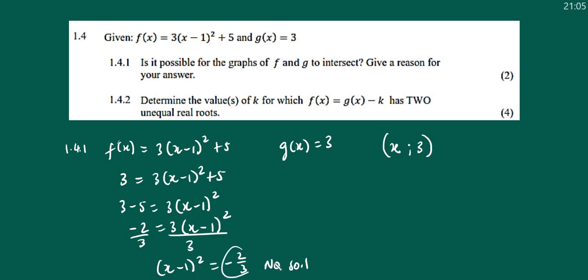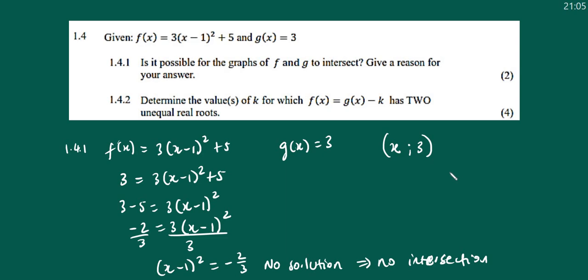It can't be negative. Because there is no solution, there is no intersection. That is the first method, which means the x value does not exist, so there is no point of intersection.